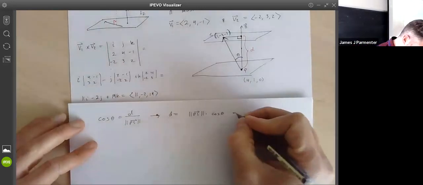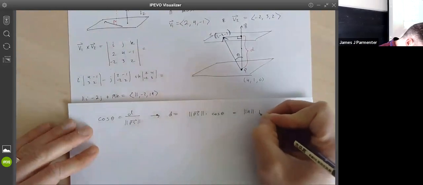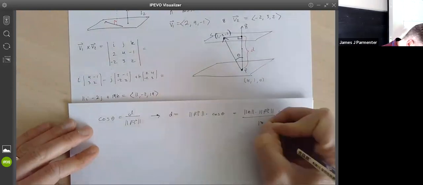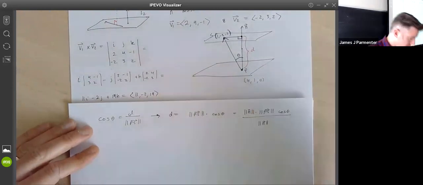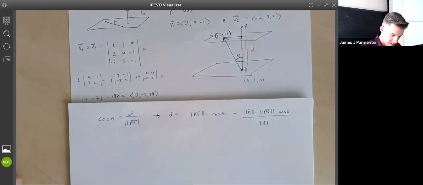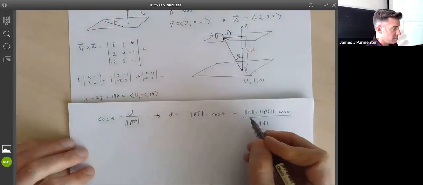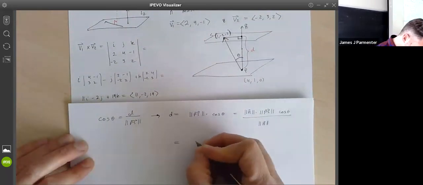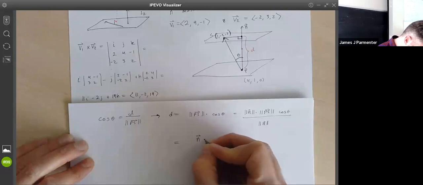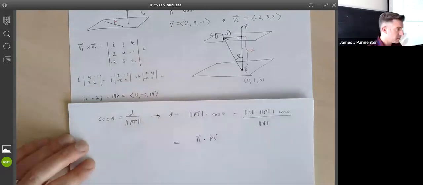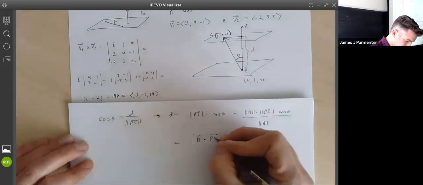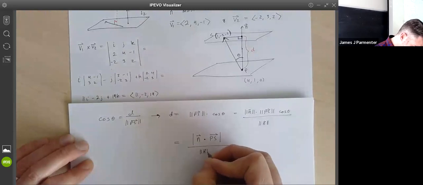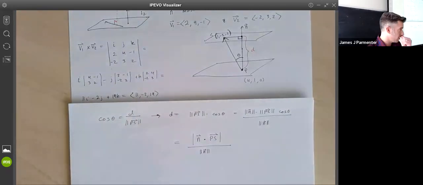So I'm going to write this as the magnitude of n times the magnitude of PS times cosine theta divided by the magnitude of n. This top part is the dot product of those two vectors. So this is equal to the dot product of n and the vector PS, and then we take the absolute value of it because our distance should be positive, divided by the magnitude of n. So that's how we're going to calculate this.